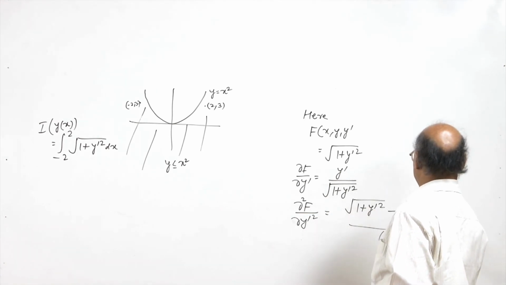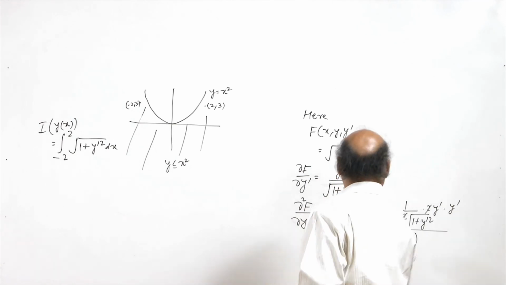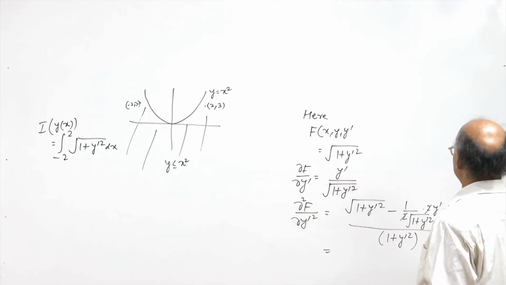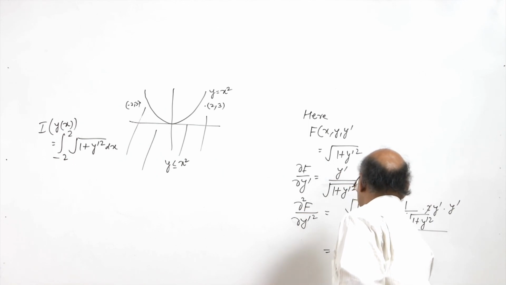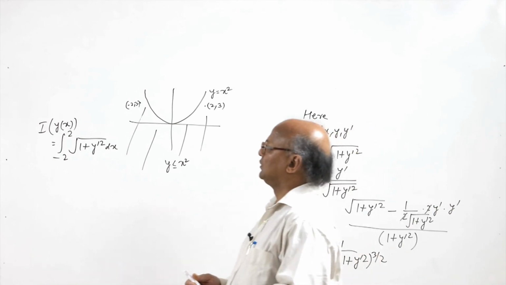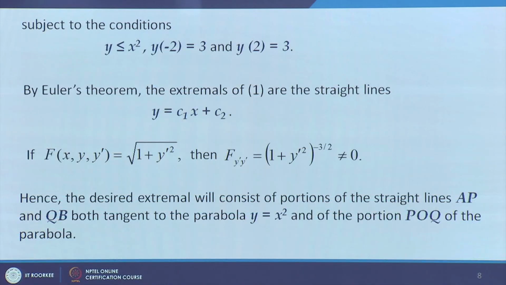So this gives you 1 plus y dash square minus y dash square, so 1 upon 1 plus y dash square to the power 3 by 2, and this is clearly not 0. Hence the desired extremal will consist of portions of the straight line AP and QB both tangent to the parabola.